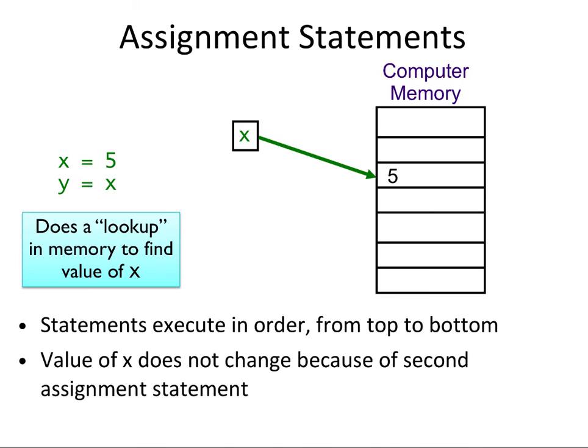Well, first, Python does a lookup in memory to find the value of x. So it goes to memory, it goes to that x, follows that arrow until it sees 5, and then it makes a copy of that value in another spot of memory. And then it creates the pointer of the name y to the value in memory of 5.